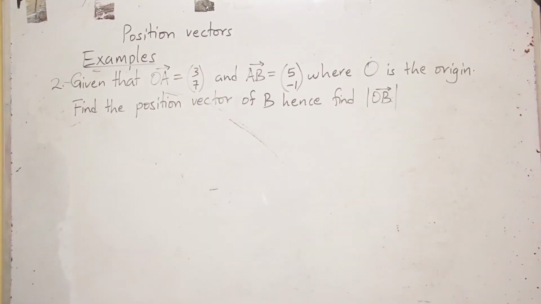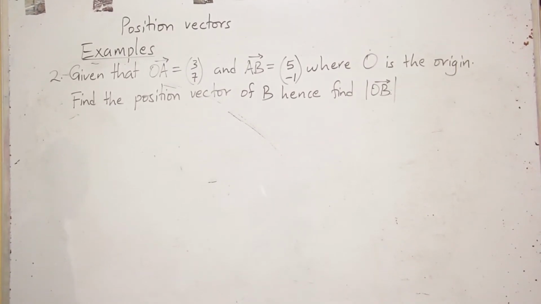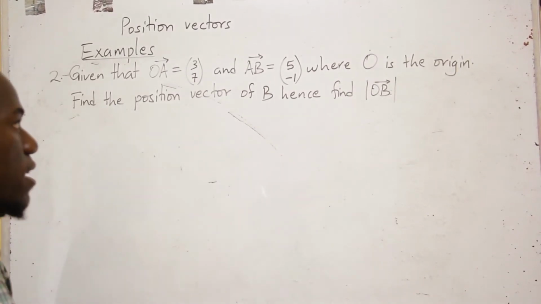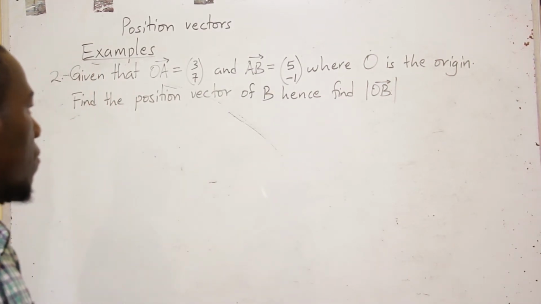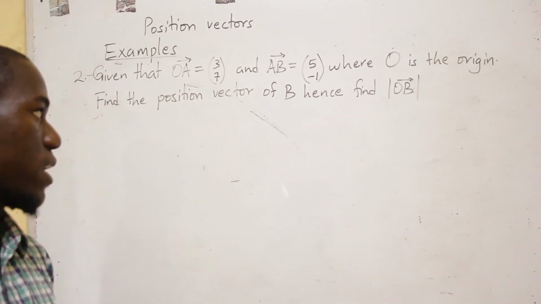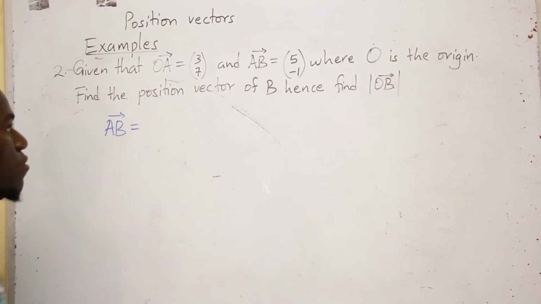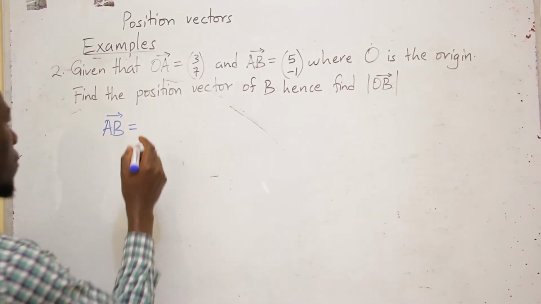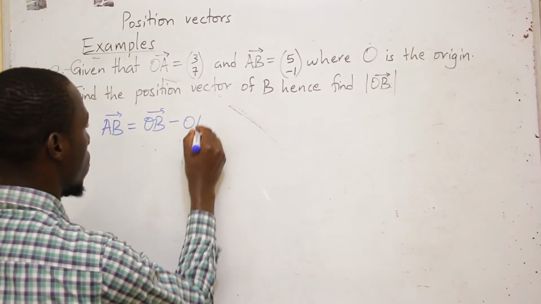So example 2, given that my OA is 3, 7 and my vector AB is 5, negative 1, where O is the origin. Find the position vector of B, hence find its magnitude. Writing the AB, this is going to be equal to the OB minus the OA.